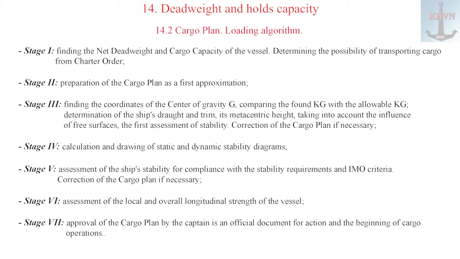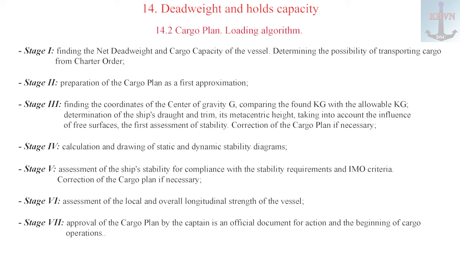Stage 3, finding the coordinates of the center of gravity G, comparing the found KG with the allowable KG, determination of the ship's draft and trim, its metacentric height, taking into account the influence of free surfaces, the first assessment of stability. Correction of the cargo plan if necessary.